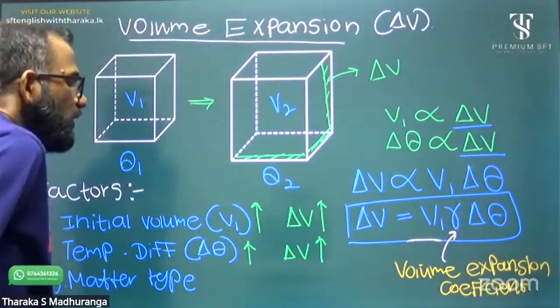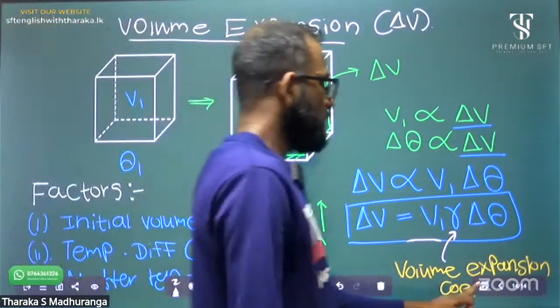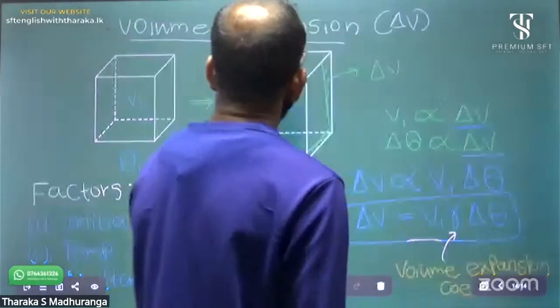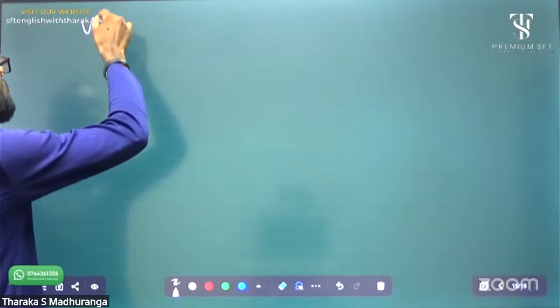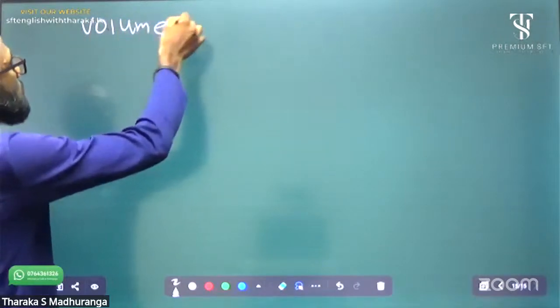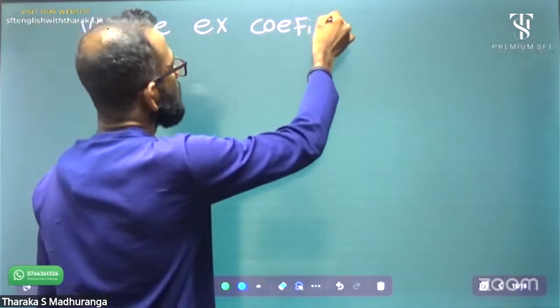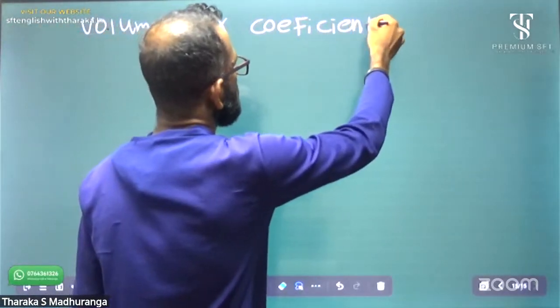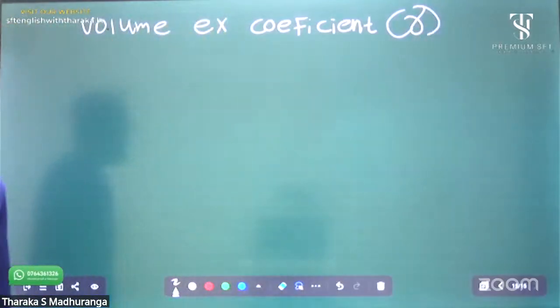Okay, now write down the topic: the volume expansion coefficient, within brackets gamma.